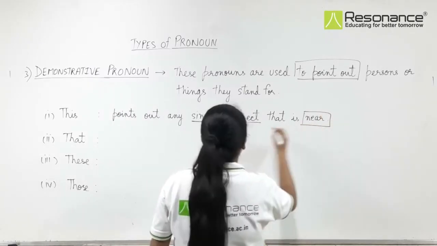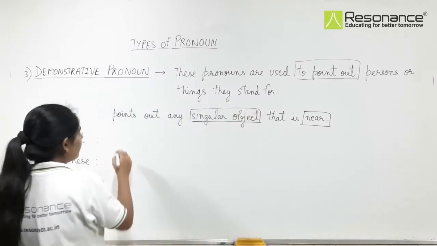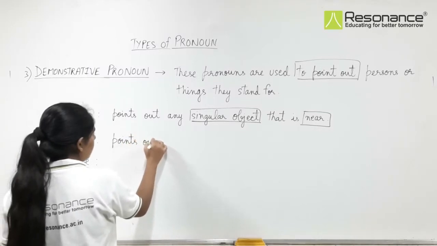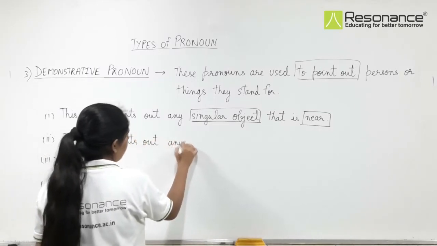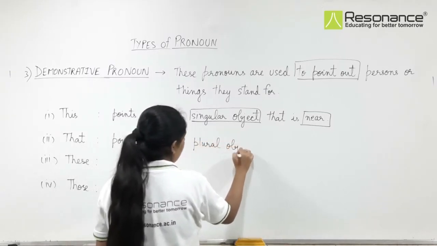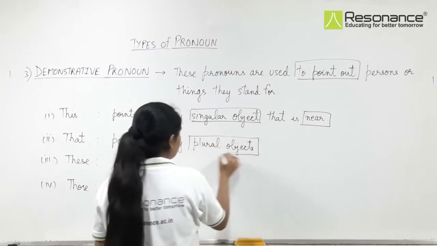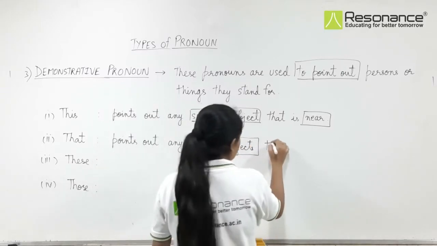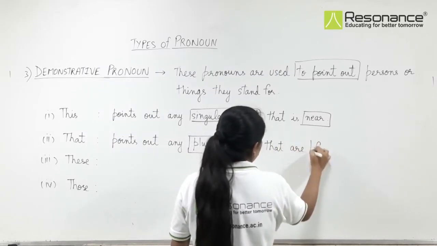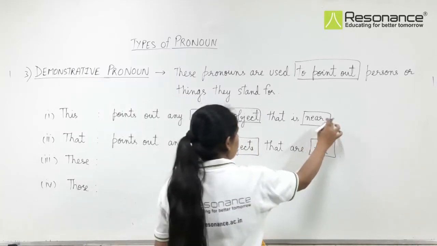First is near and second is singular object. Fine. In case of that, it is used to point out any plural objects. Okay, so this is used in case of plural objects that are far. Okay, that are far. So this is important.